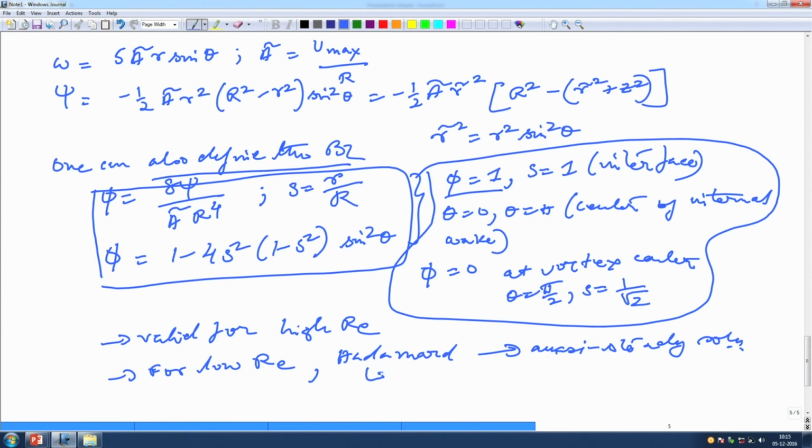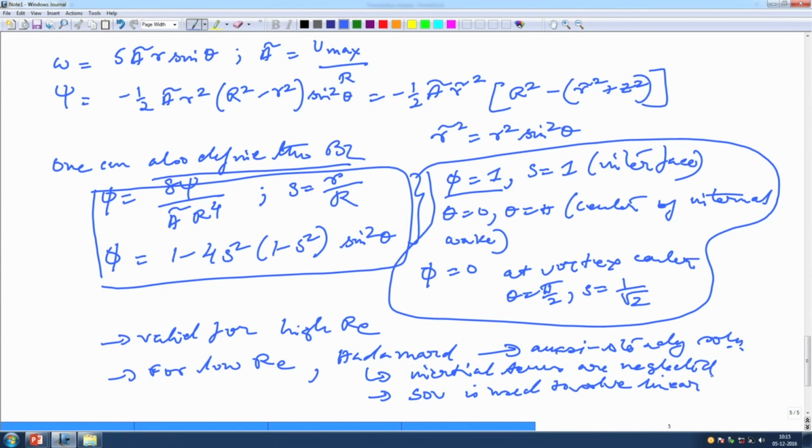So, in the Hadamard solution, what they assumed is that the inertial terms are neglected. Then separation of variables is used to solve the linear equations. Basically it is linearized because the convection term is the only non-linear term. They solve the linear equations, and the Hill spherical vortex is still valid.